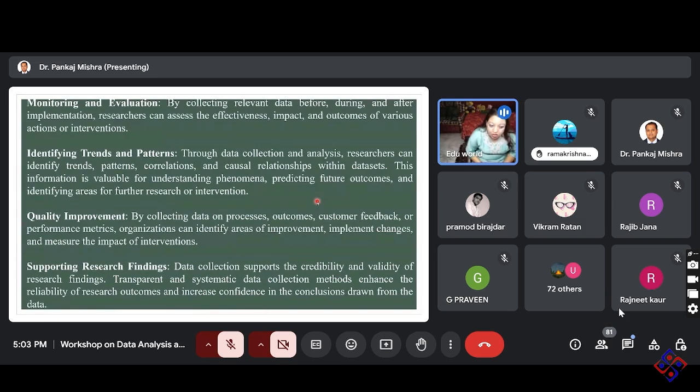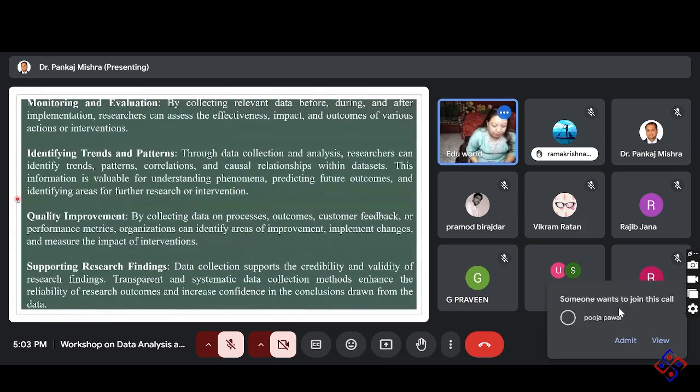For that we have to use a formula, the sample size determination formula. Based on that we will apply a pilot study, and based on the pilot study result we will apply it on the main sample. This way we can bring improvement in the data collection as well as the data analysis procedure.